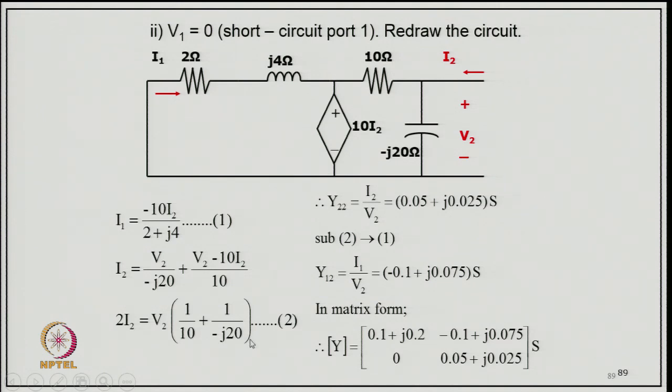From this we can have Y 2 2 equal to I 2 upon V 2, that comes 0.05 plus J 0.05, and then Y 1 2 equal to I 1 upon V 2 equal to minus 0.1 plus J 0.075 Siemens. In matrix form Y becomes 0.1 minus J 0.2 and minus 0.1 plus J 0.075 in the first row, then 0 and 0.05 plus J 0.025. It is neither symmetrical nor a reciprocal network.